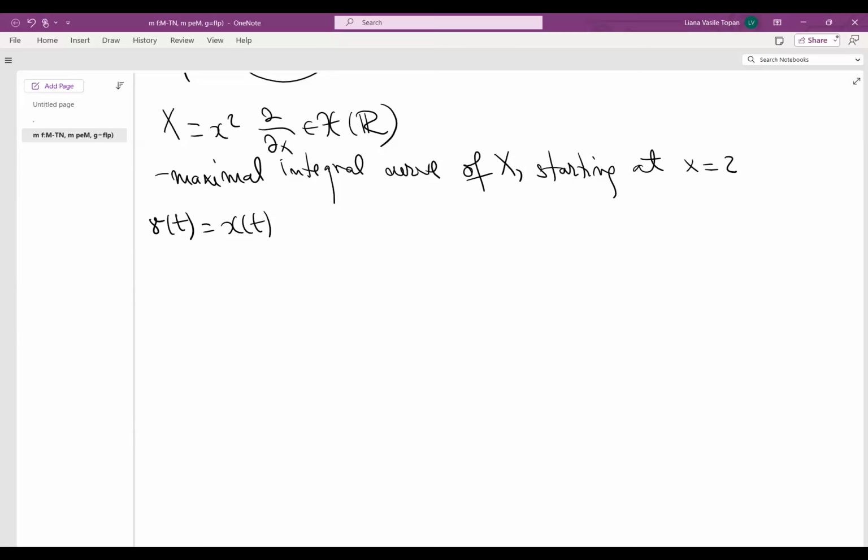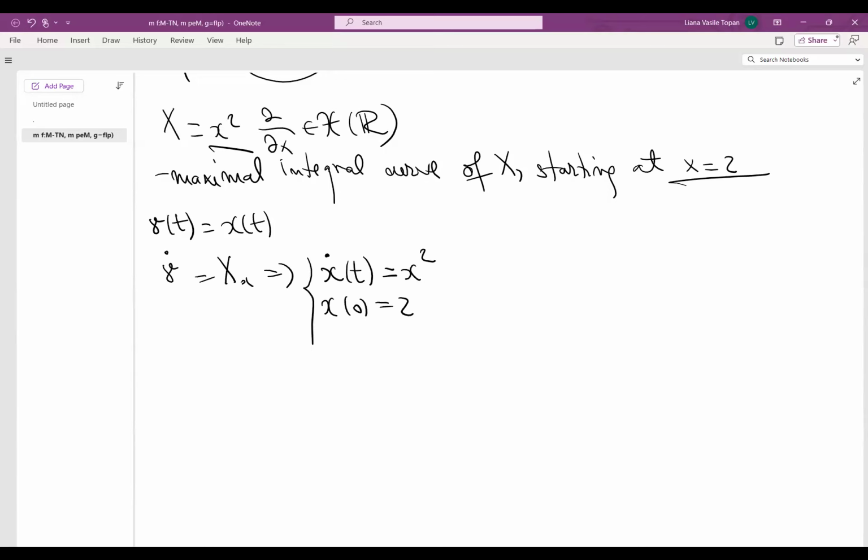So we have that gamma dot must be X, right? So gamma dot means x dot of t equals x squared, together with the initial condition x of 0 equals 2.